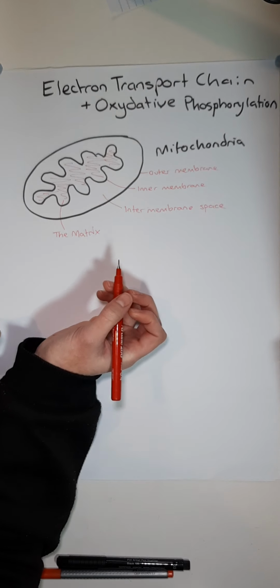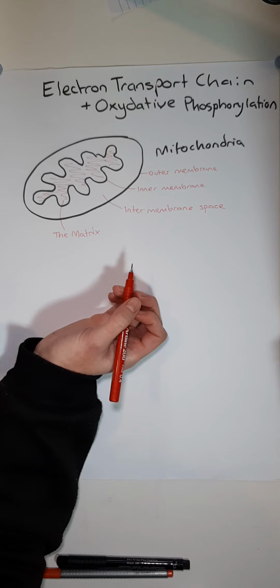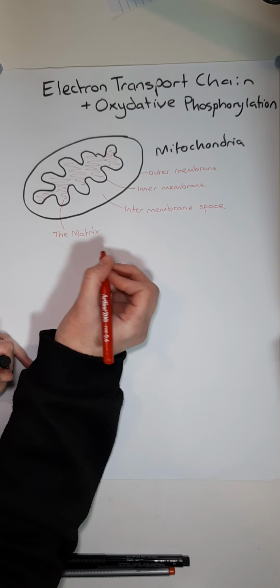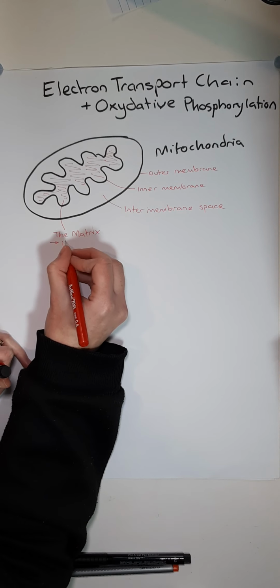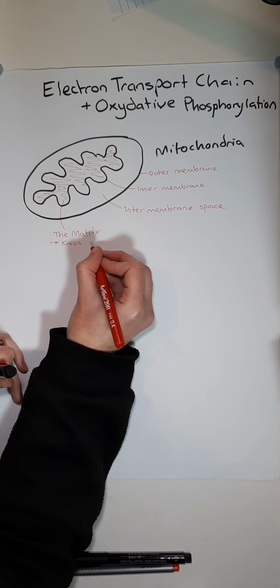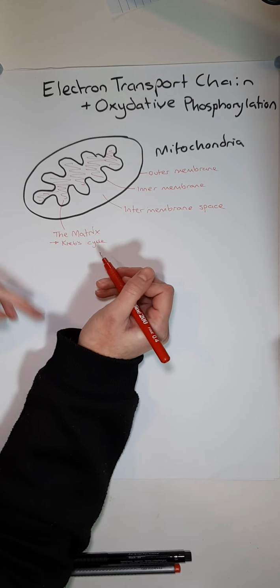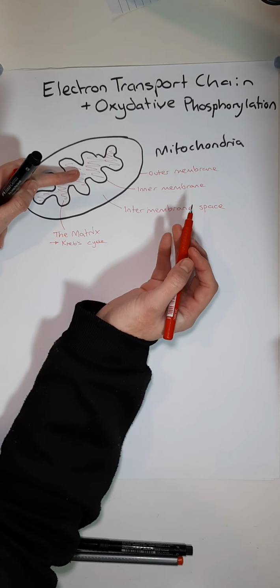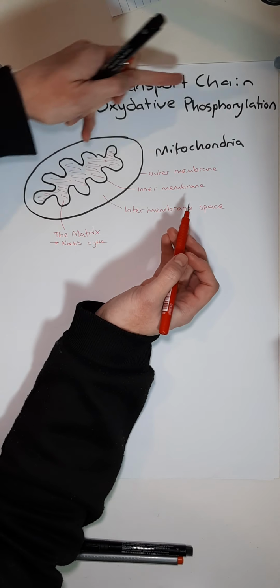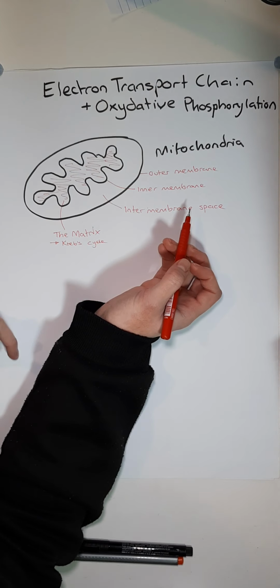Okay, so we were just talking in my previous videos about the citric acid cycle, which takes place inside of the matrix. So this is where the Krebs cycle or the citric acid cycle is happening, it's in here. Now we're going to talk about the electron transport chain and oxidative phosphorylation.